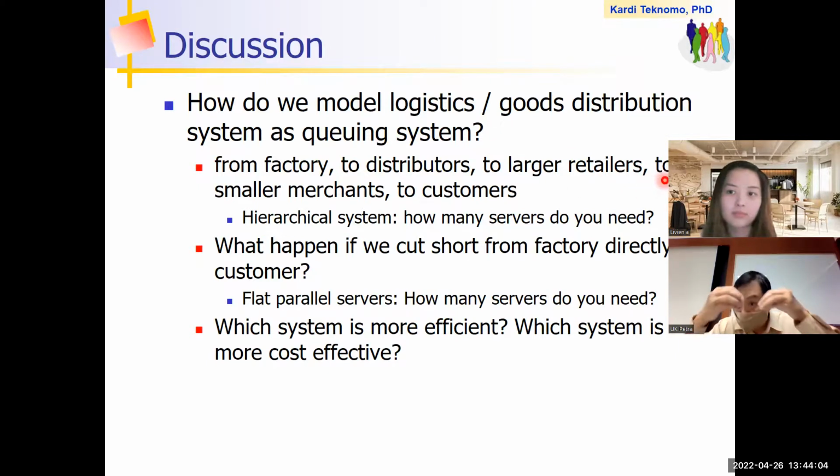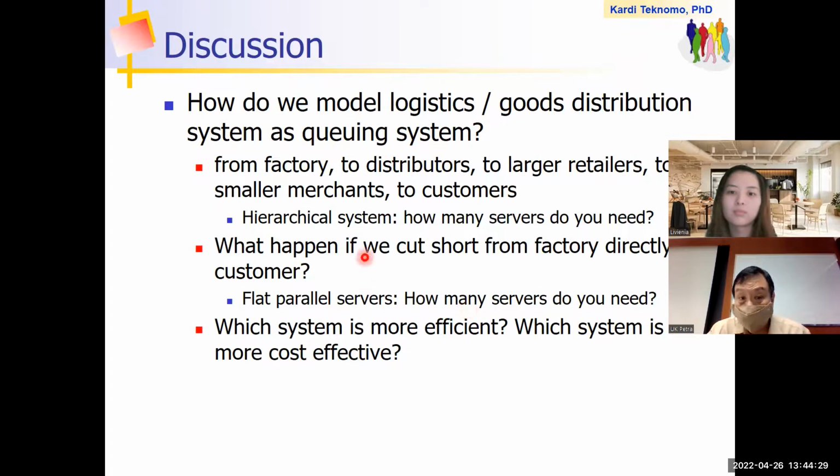Exactly the same, right? Hierarchical system. So that's why some people will say, oh look, I want to cut out the middleman. In fact, the middleman, the distributor, the retailer, is the one that makes it efficient in terms of the economic system. The trader is the one that makes it efficient in terms of the economic system.